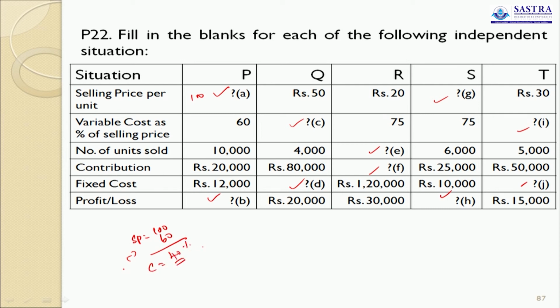Here contribution is given as 20,000. So this 20,000 equals 40, what will be the selling price? So selling price is equal to 20 divided by 40 into 100, 2.5, 50,000.